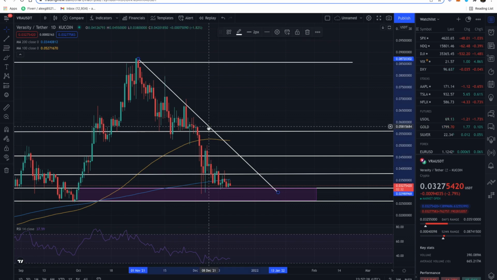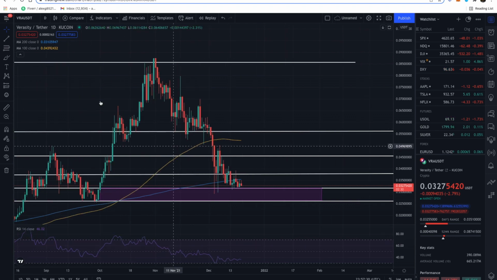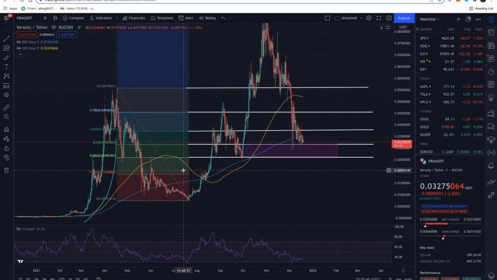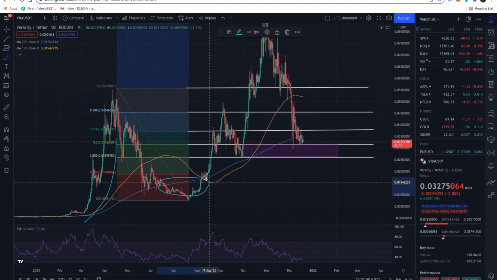The other thing that I would note is that we have not stayed below the 50-day moving average. As you can see, we just dropped recently below the 200-day moving average. In the history of Verasity, we have never really stayed below that for very long. You see here, we stay for it briefly.